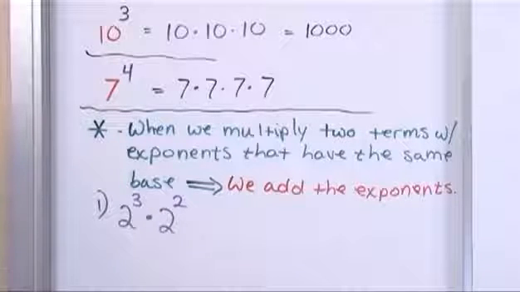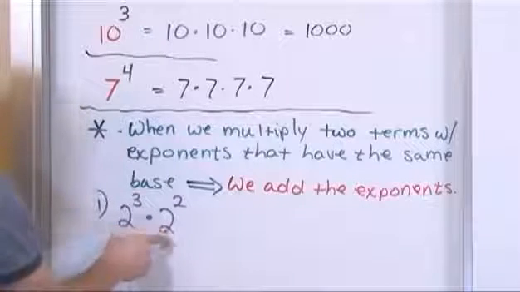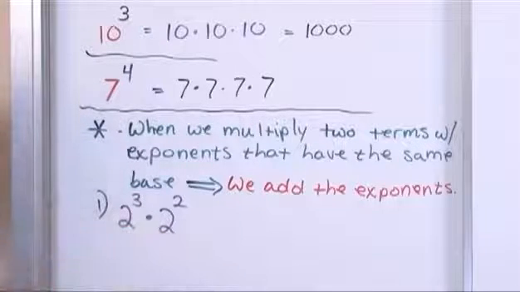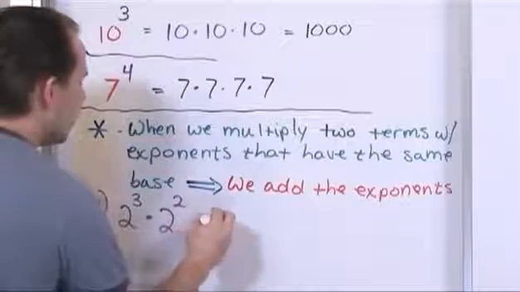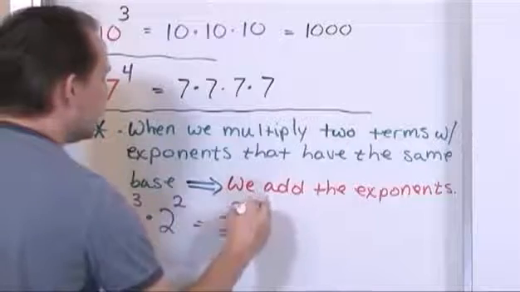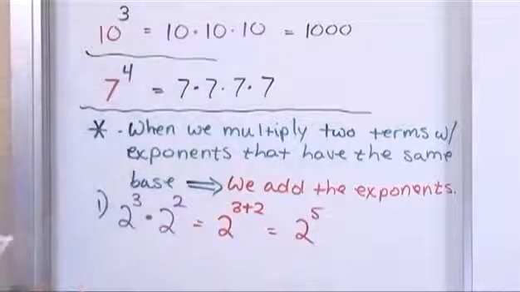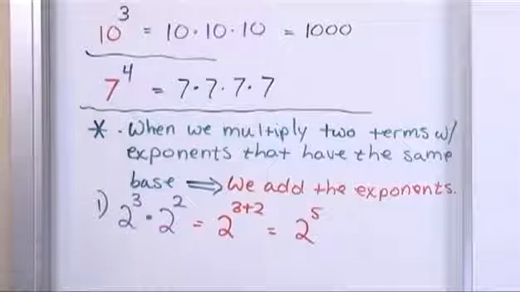Well, what this rule is telling you is if we're multiplying these things together and they have the same base, which they do in this case, 2 is the same base, then all you do is you add the exponents together. So the answer here is 2, and you take 3 plus 2. So you say 3 plus 2 in the exponent. So that's 2 raised to the power of 5, and that's the answer, 2 raised to the power of 5.